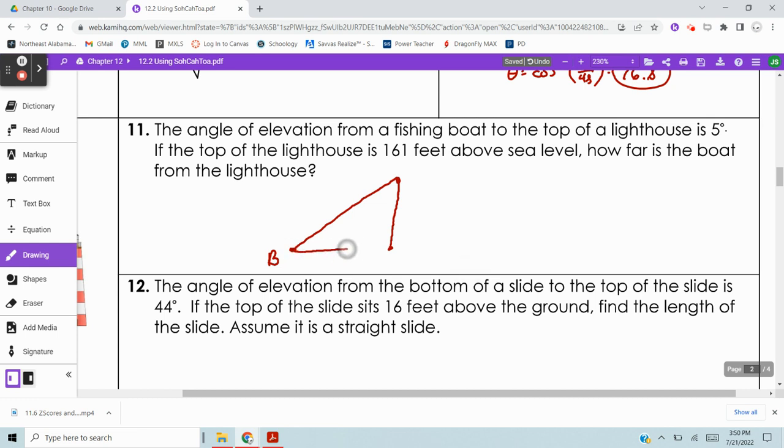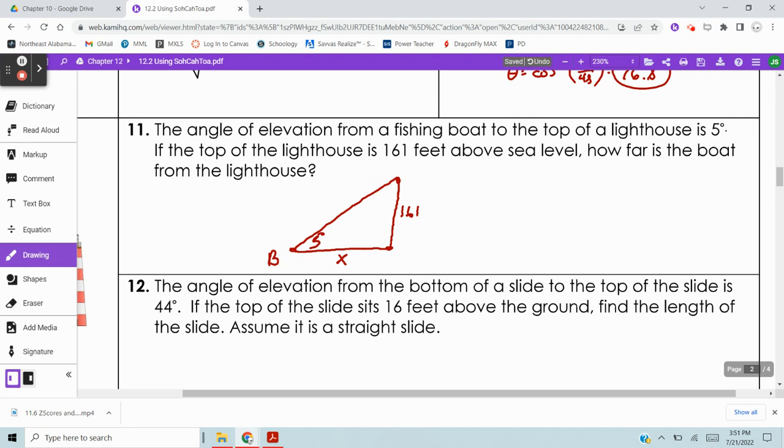If the top of the lighthouse is 161 feet above sea level, how far is the boat from the lighthouse? Here's the boat, here's the base of the lighthouse, and we're simply looking for x.